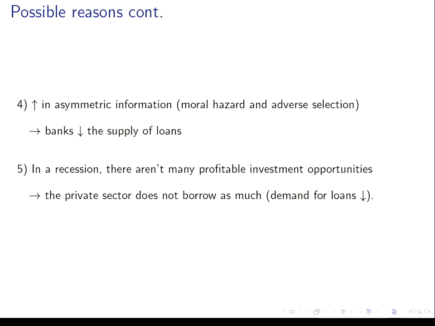Adverse selection is like you cannot identify which borrower in the market is a good borrower. Adverse selection is the problem of selecting someone who will default on the loan that you give to that person.